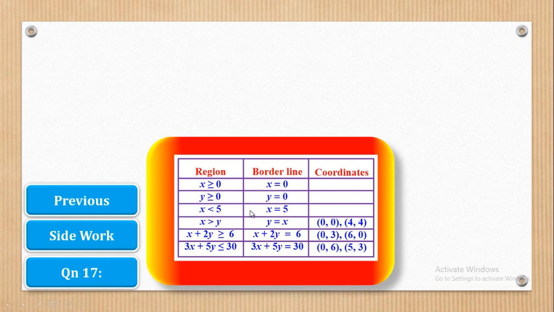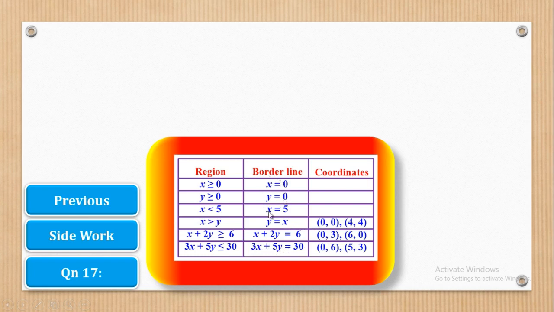X less than 5, we shall plot x equal to 5. X greater than y, we shall plot y equal to x. And x plus 2y greater than or equal to 6, we shall plot x plus 2y equal to 6. And 3x plus 5y less than or equal to 30, we shall plot 3x plus 5y equal to 30.